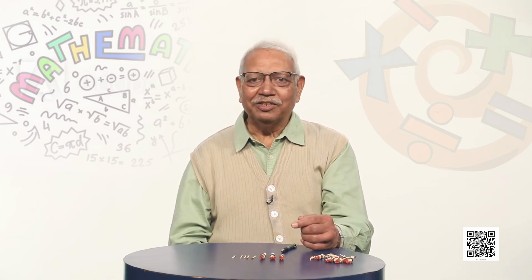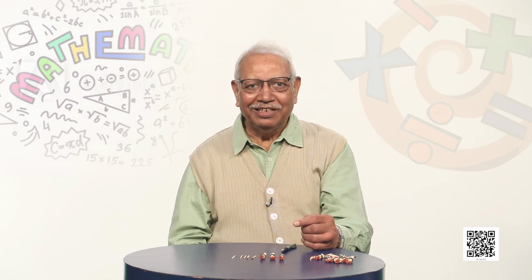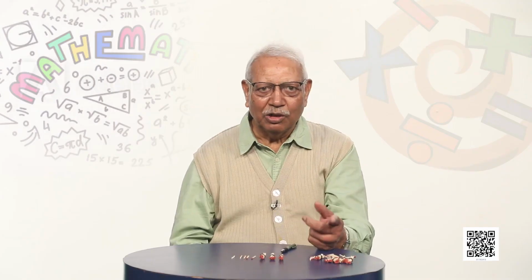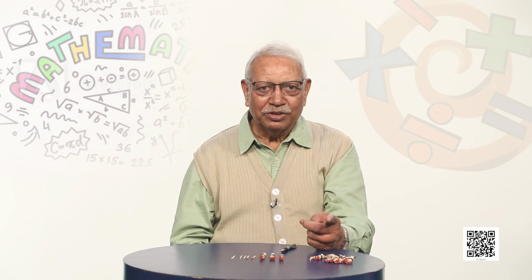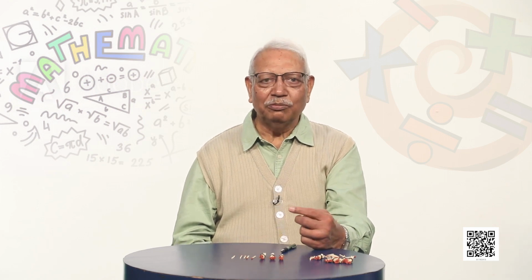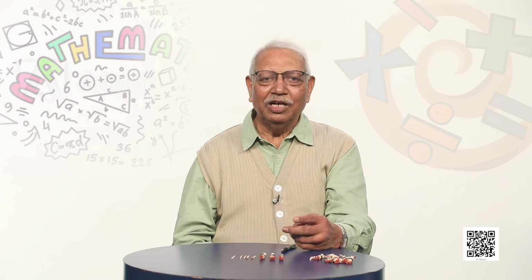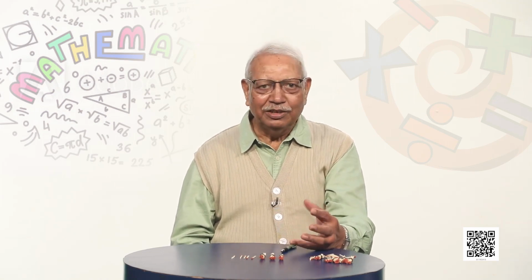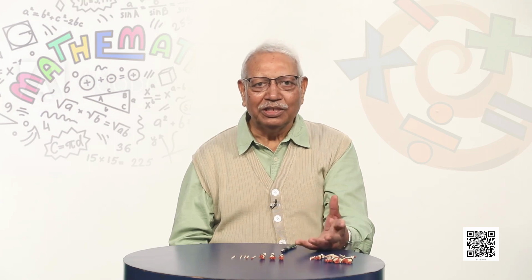Now comes the interesting part of this lesson. By using your skill of counting, you have to create a story out of these pictures. So, you first count the number of goats in the first picture, and you count the number of goats in the second picture, and you count the number of goats in the third picture, and then you start thinking of a story.